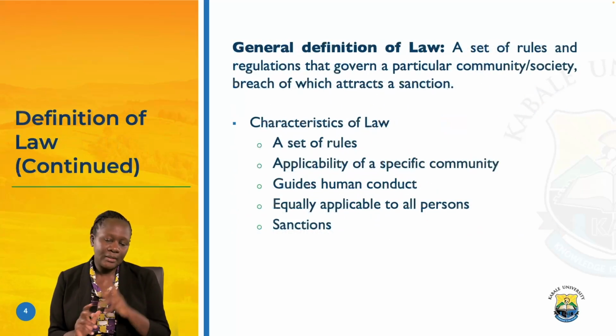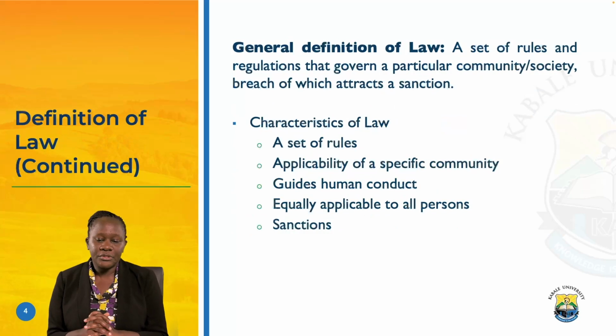So we'll quickly then go to the next step, which is what then is law. Having seen that there are really different definitions of law depending on how each person defining views the circumstances, we shall come up with a working definition of law.